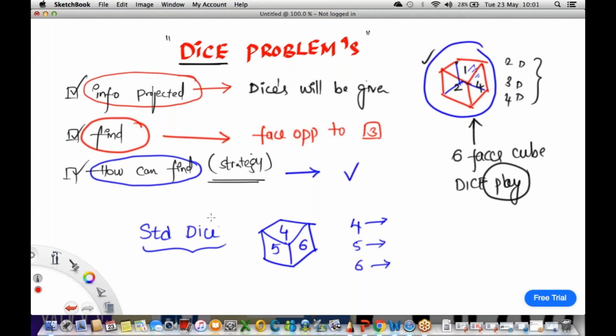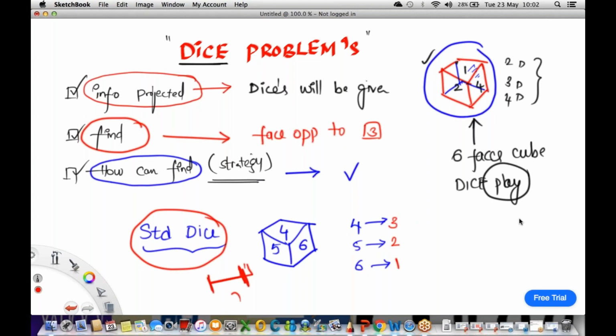Whenever you consider any standard dice, the sum of two opposite sides is always equal to 7. The face opposite to 4 will be 3. The face opposite to 5 will be 2. The face opposite to 6 will be 1. That is a basic thing, and you have to understand that.